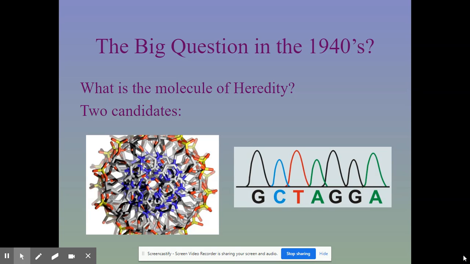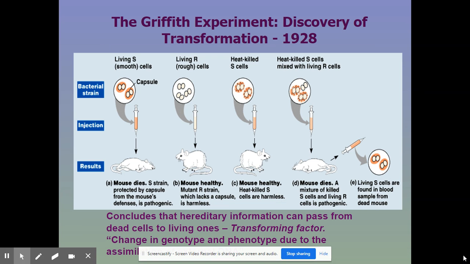Sometimes they thought that maybe the DNA was acting as a way to organize the proteins to act as a molecule of heredity. One of the very first experiments was done in 1928, the Griffith experiment, and it was the discovery of transformation, of how genetic material, whether DNA or proteins, not clear at that time, could be passed from generation to generation.